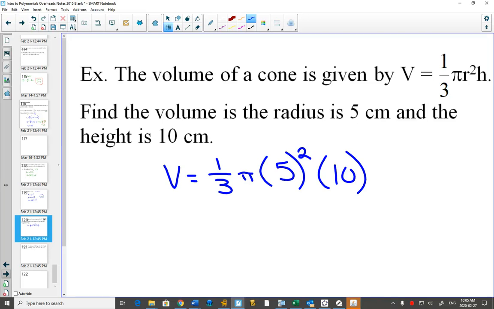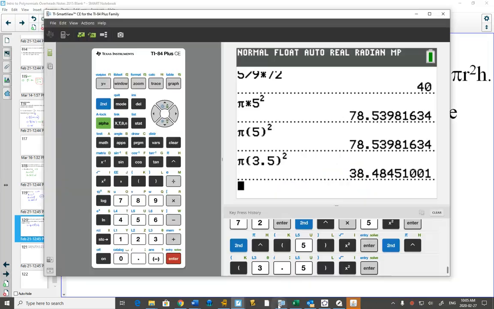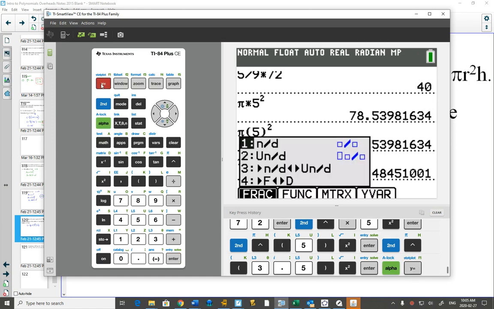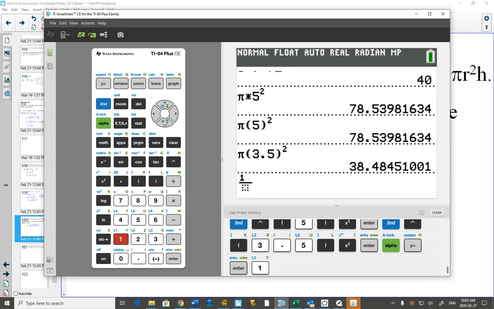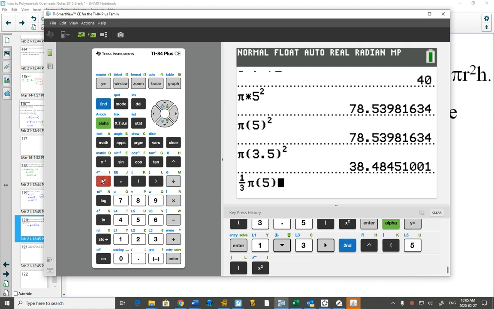Okay? Again, our calculators are nice. So 1 divided by 3. Pi, bracket, 5, bracket, squared, bracket, 10. So you can type in the whole thing.